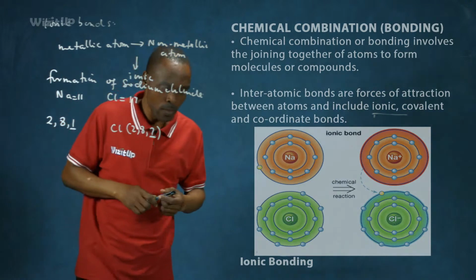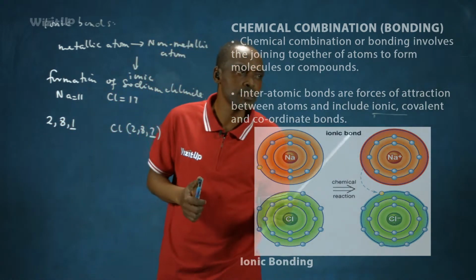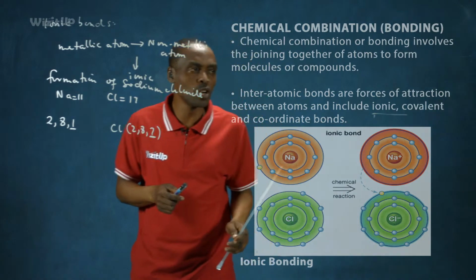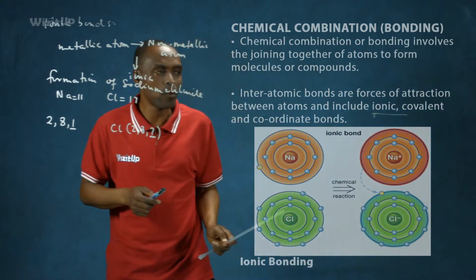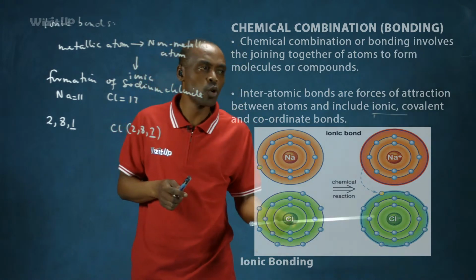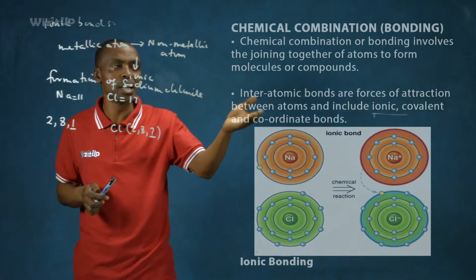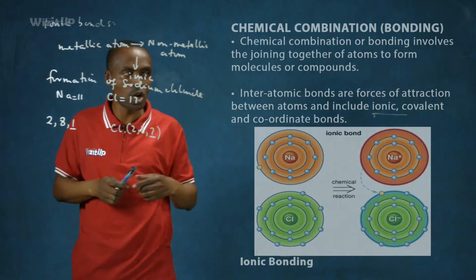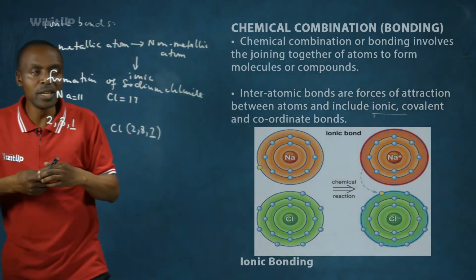Now, we can see an illustration on the board involving ionic bonding. We have the sodium atom and the sodium ion, the chlorine atom and the chloride ion. What gave rise to those ions will be explained in this way.